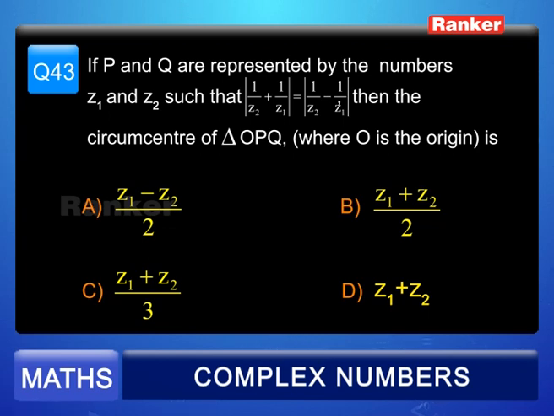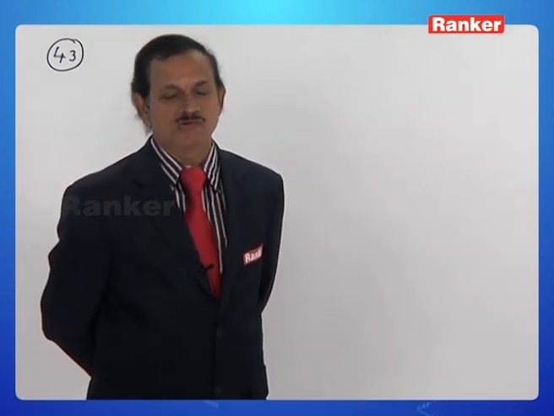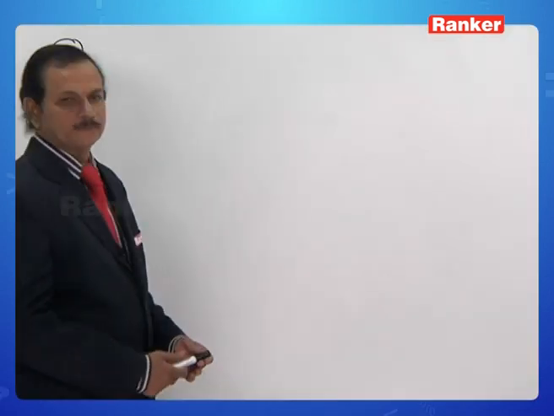Well, he has given us two points P and Q, given by the complex numbers Z1 and Z2, in the Argand diagram, so that our triangle OPQ is formed. We are interested to know the circumcenter of the triangle, and the options are option A, (Z1 minus Z2) by 2, option B, (Z1 plus Z2) by 2, option C, (Z1 plus Z2) by 3, option D, Z1 plus Z2. Let us see.